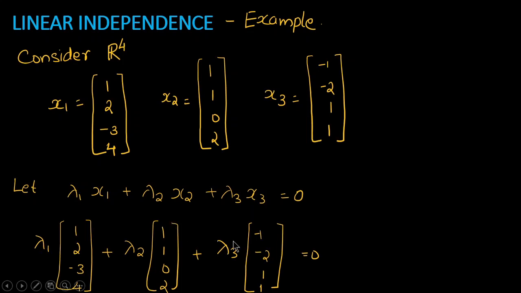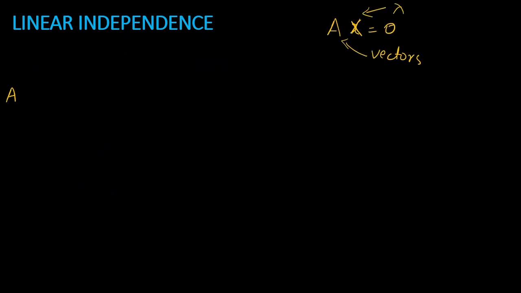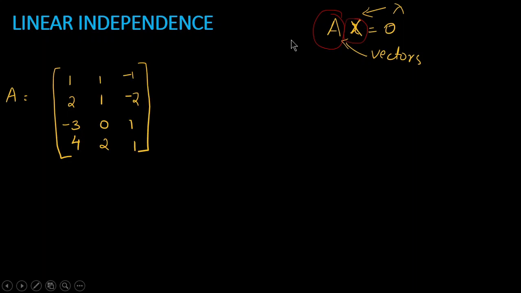And how do we find out whether they are linearly independent or dependent? So we have to make the matrix A. Here A represents the vectors and X actually represents the lambda values. Okay, lambdas are the unknowns here. So we have written matrix A like this.